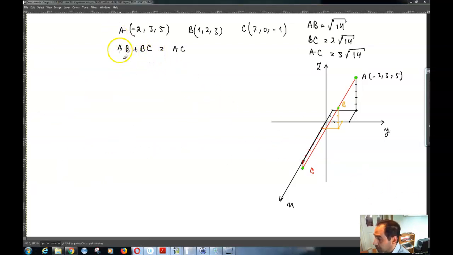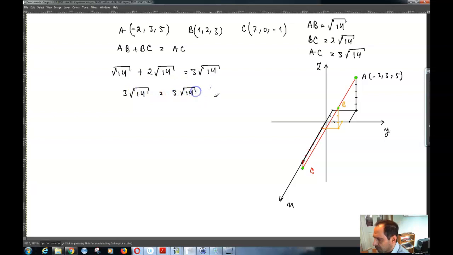You see AB is equal to square root of 14, BC is 2 times square root of 14, and AC is 3 times square root of 14. 3 times square root of 14 is equal to 3 times square root of 14. That is true, which means that A, B, and C are collinear.